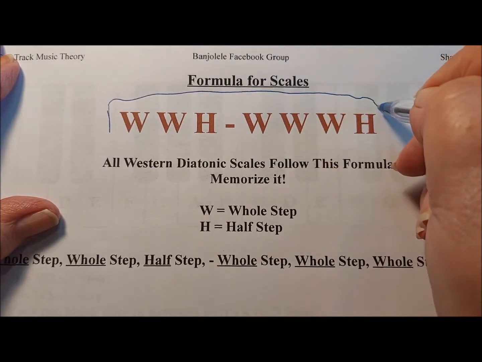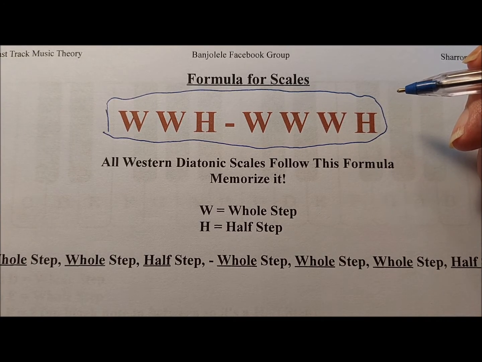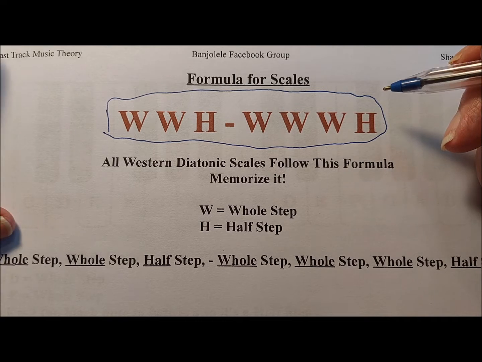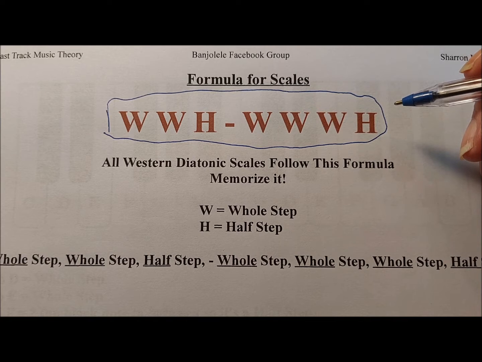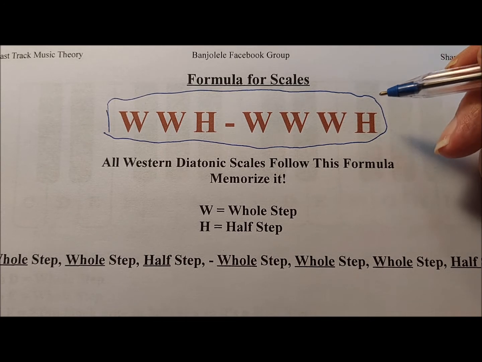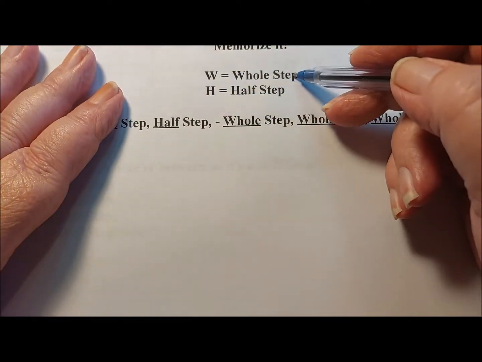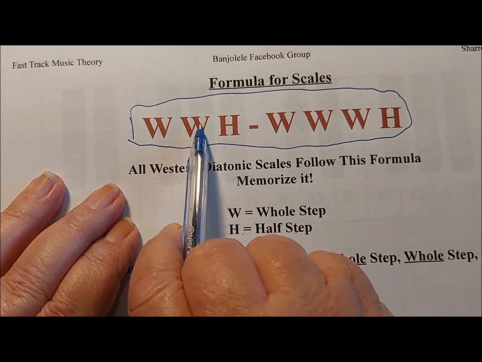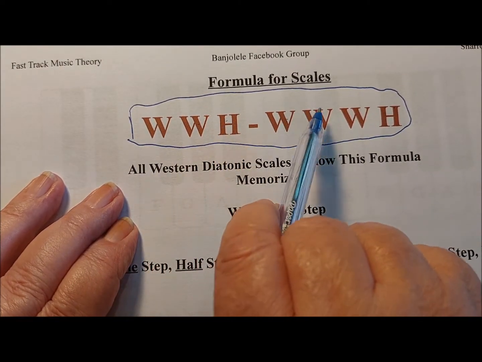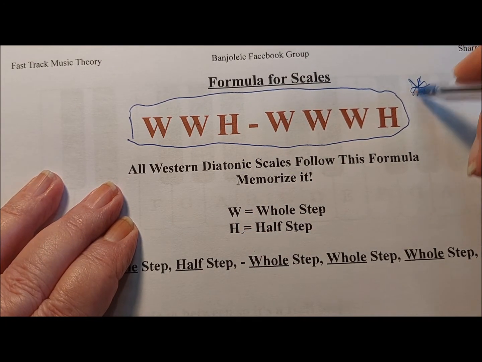Whole step, half step, whole step, whole step, half step. If you're in the UK or Denmark, wherever you're from, it could be whole tone, half tone, whole tone, half tone. So W stands for whole step, H stands for half step. Whole step, half step, whole step, half step. Memorize that.